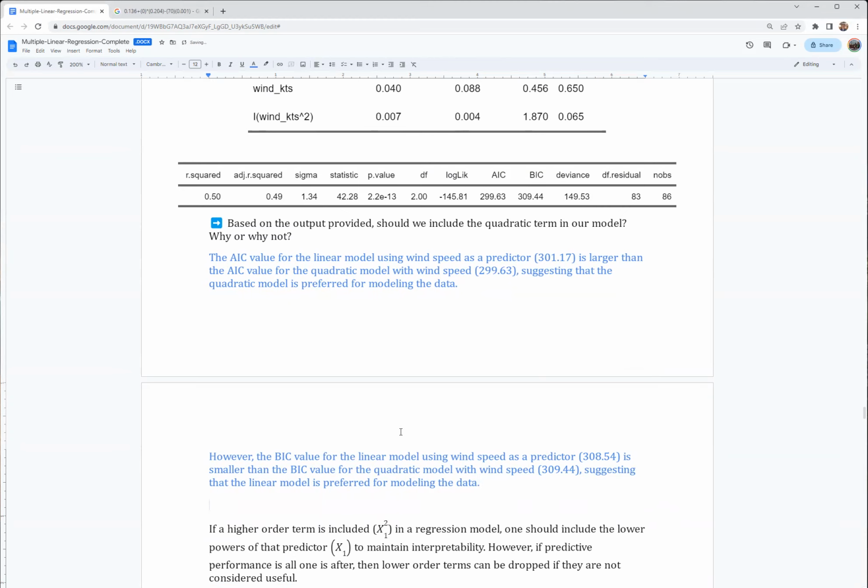So AIC and BIC disagree here, which is uncommon, although not extremely rare.